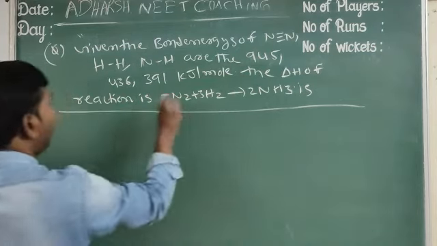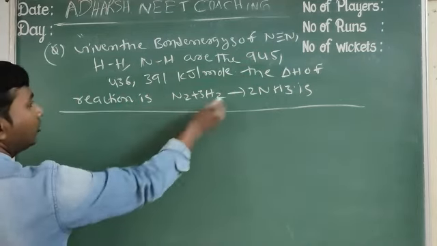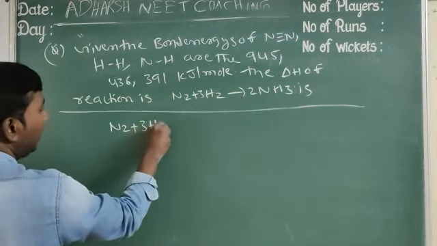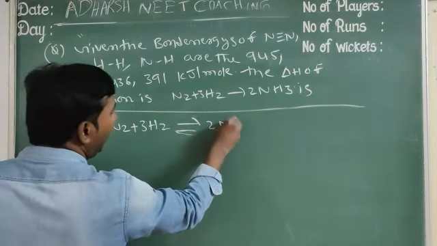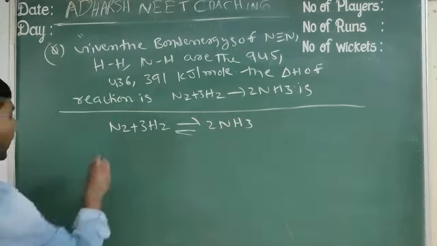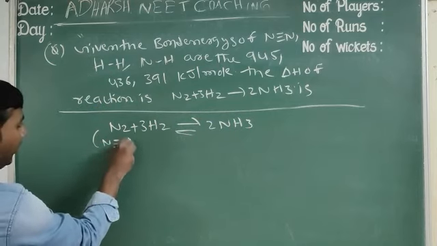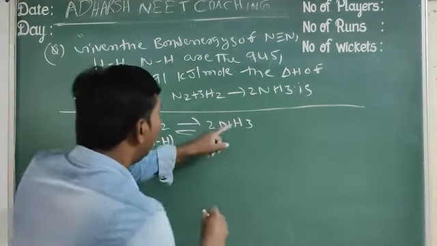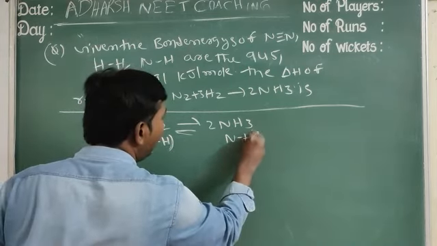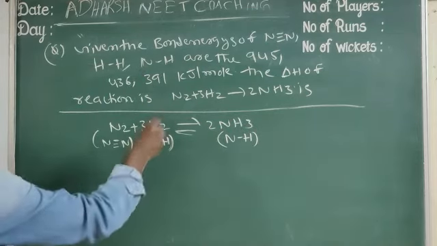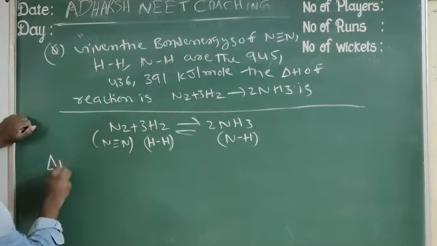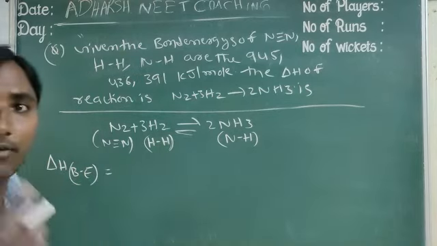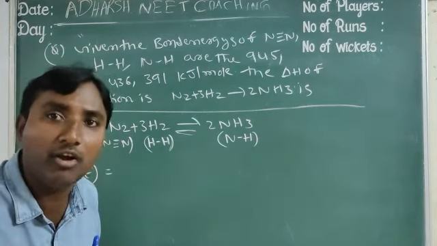First write the reaction: N2 plus 3H2 to 2NH3. Here N2 means N triple bond N, H2 means H bond H, and NH3 has N bond H bonds. Enthalpy of bond energy equals bond energy of reactants minus bond energy of products.